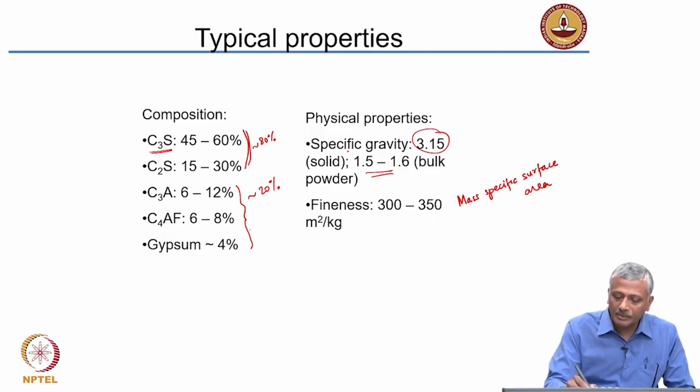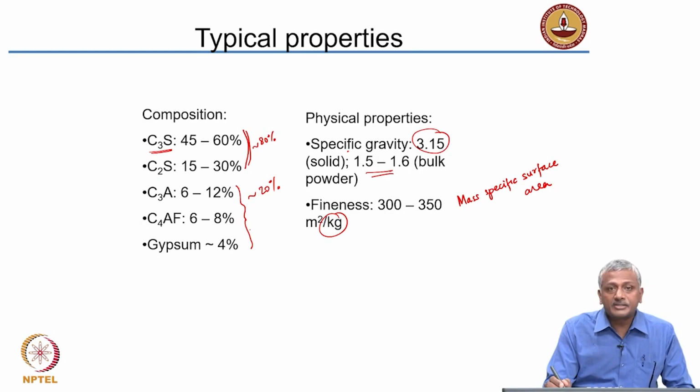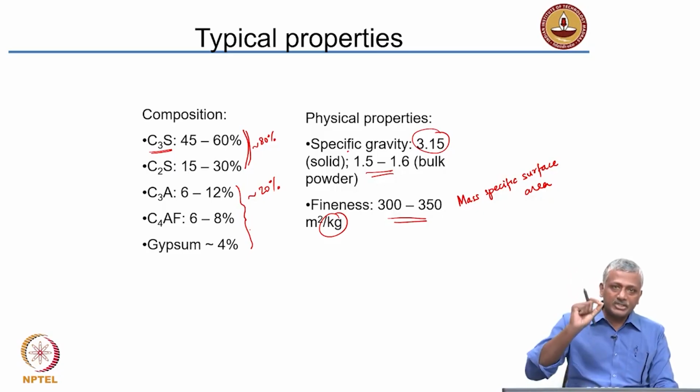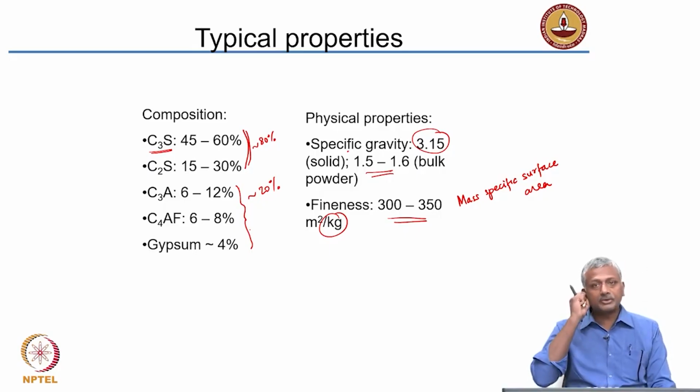If you take 1 kilogram of cement, the mass specific surface area would be 300 to 350 square meters. So, the fineness would be in the range of 300 to 350 square meters per kilogram.